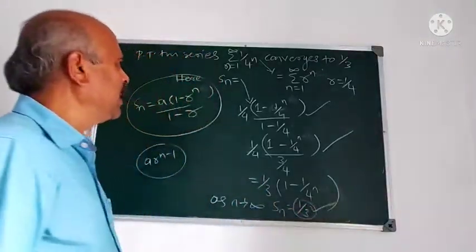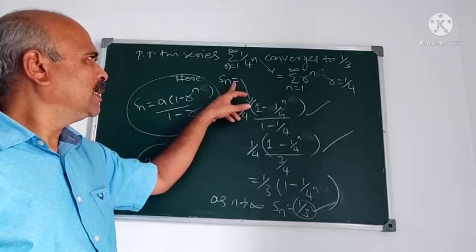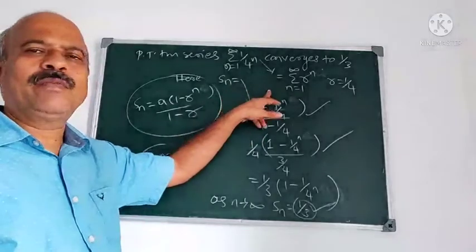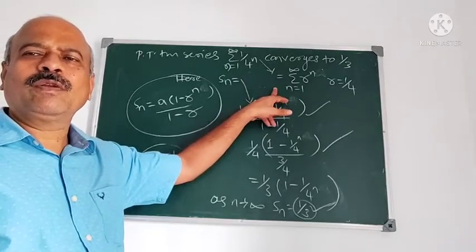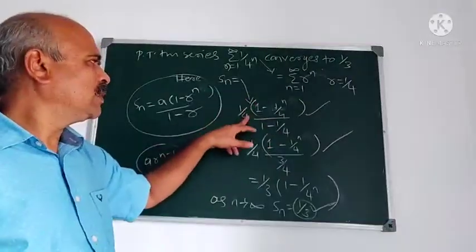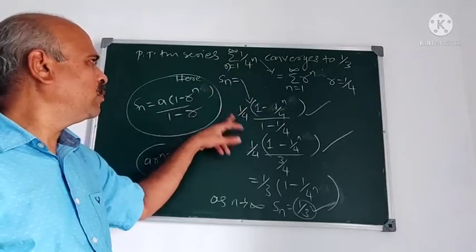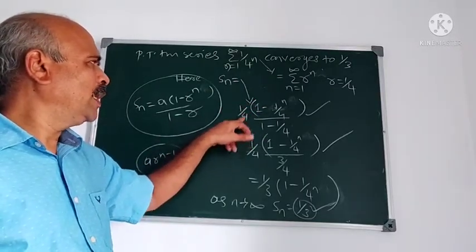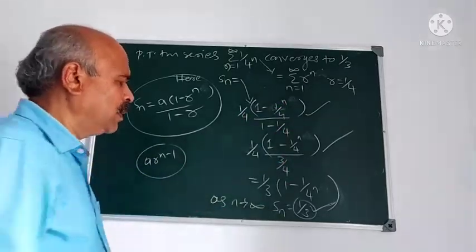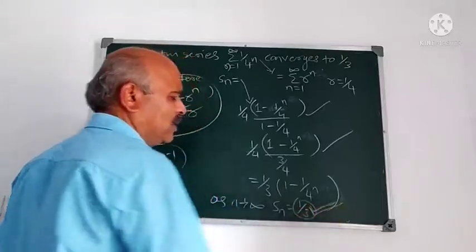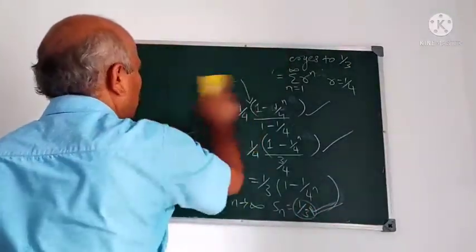The sequence of partial sums Sn is defined as 1 by 4, 1 by 4 square, up to 1 by 4 raised to n, and the sum to n terms of a geometric series with a is 1 by 4 and r is 1 by 4 is a into 1 minus r raised to n upon 1 minus r. So the sequence of partial sums converges to 1 by 3. Therefore, the given series converges to 1 by 3.